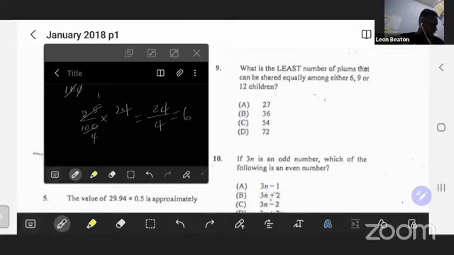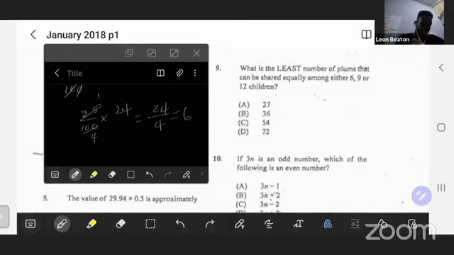So once again, they're just asking us to find the lowest number. You just want us to find the lowest common multiple, the LCM. What is the least number of plums that can be shared among these? So you want to find the lowest common multiple of 6, 9, and 12.